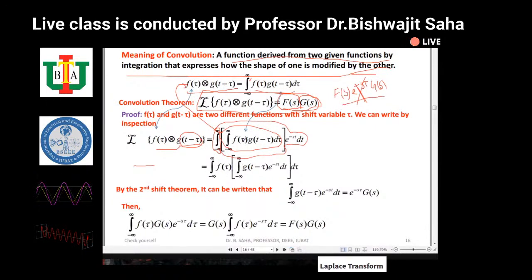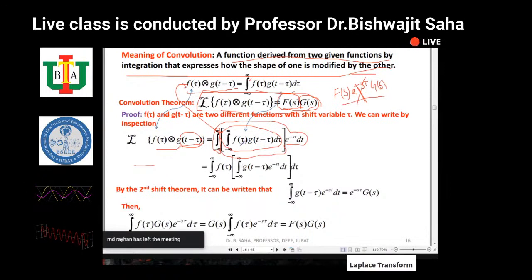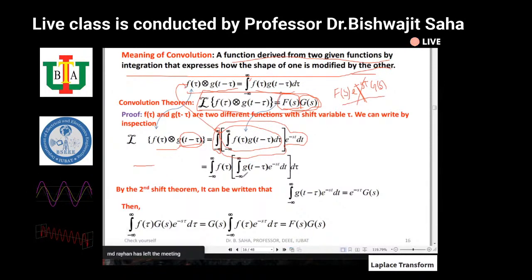So we take out tau, and we have only the t in this one, and the inner integration is totally a shift function, so we can apply the shift function theorem here.